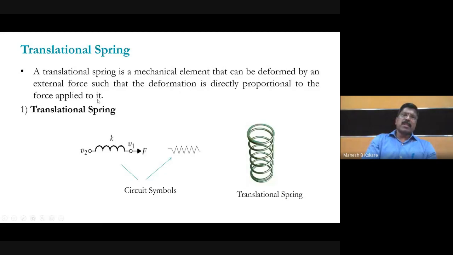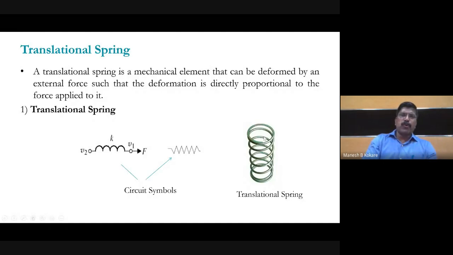So in translational systems, the spring is a mechanical element that can be deformed by an external force such that the deformation is directly proportional to the applied force. You might have seen this kind of spring in two-wheelers, trains, and four-wheelers.